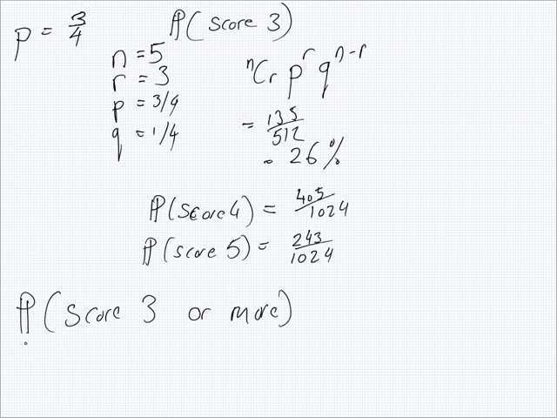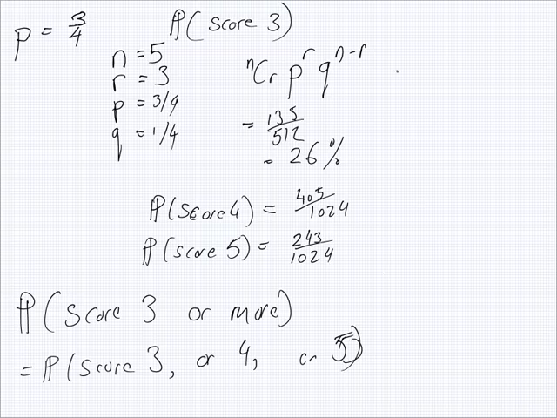So if you score 3 or more, that means you want the probability that you score 3 or 4 or 5. Exactly. So what you do is just add these 3 together because we already calculated them. As I was saying yesterday, when it's or, you add.